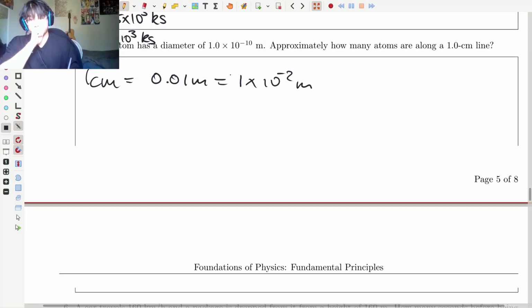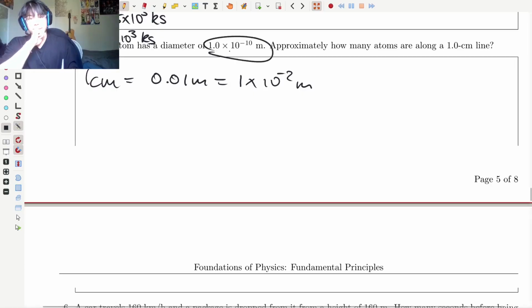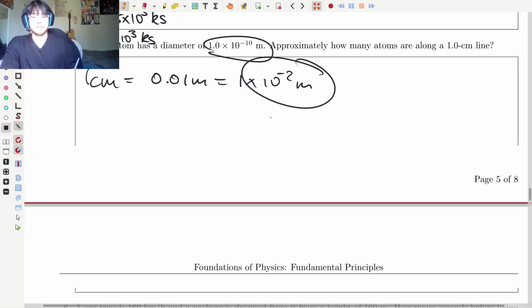So essentially, we are just going to see how many times this number goes into this number.